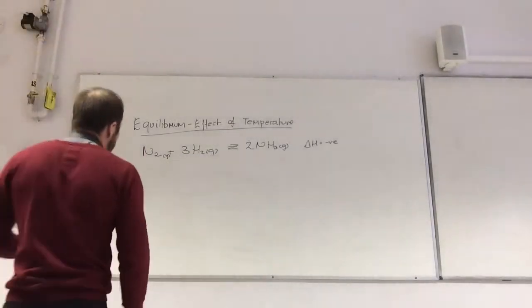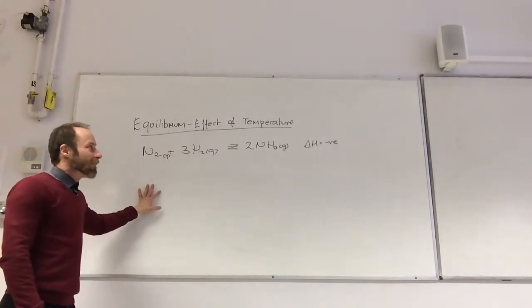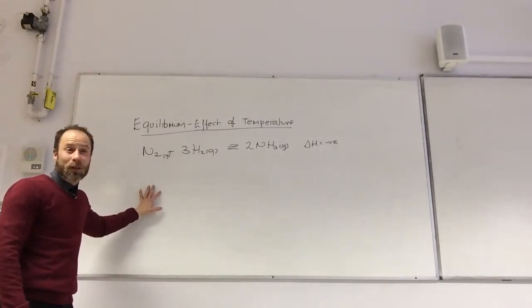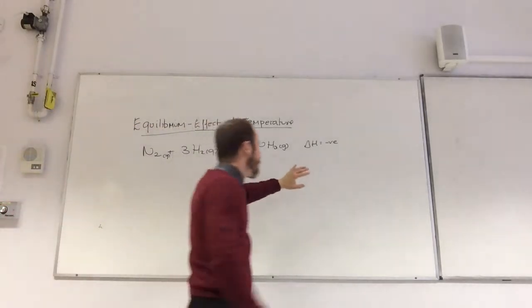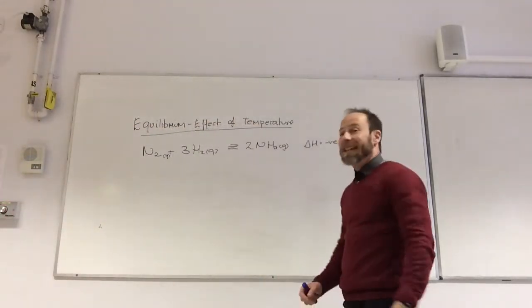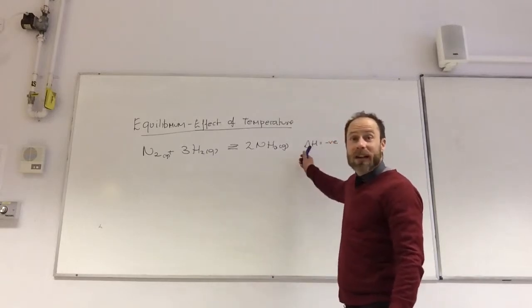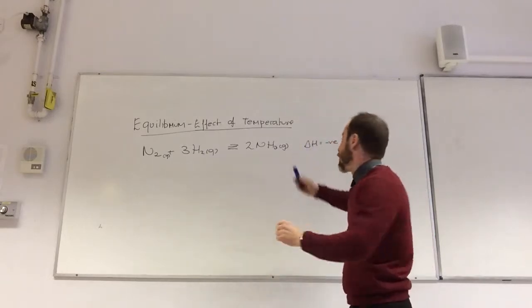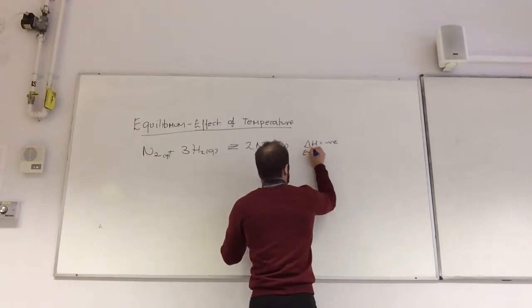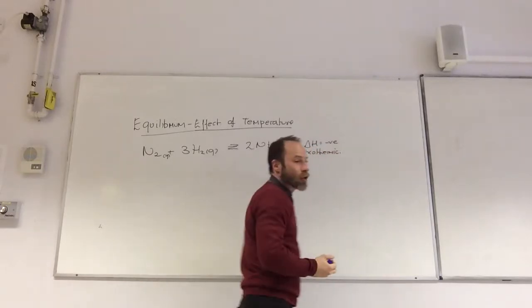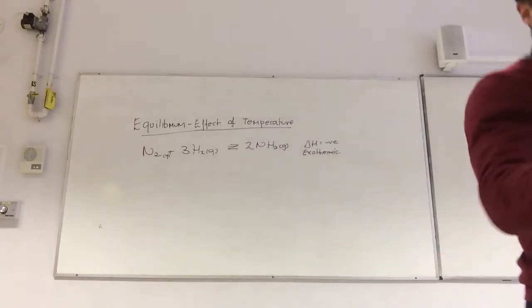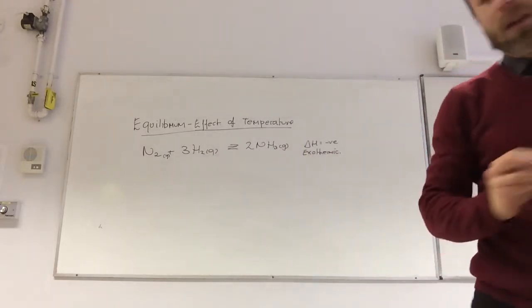We can use Le Chatelier's principle now to work out the effect of changing the temperature on the reaction. First of all, before you do anything, you have to identify whether the reaction is endothermic or exothermic. So what is this reaction? This is exothermic because it's negative. So what I recommend you do is once you've identified that, pop it on your equation.